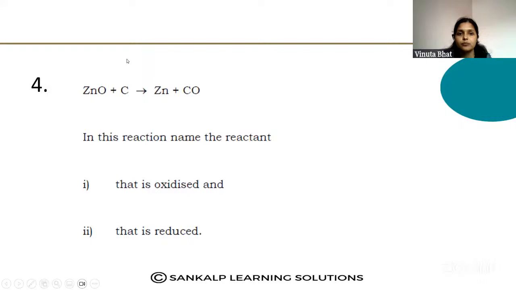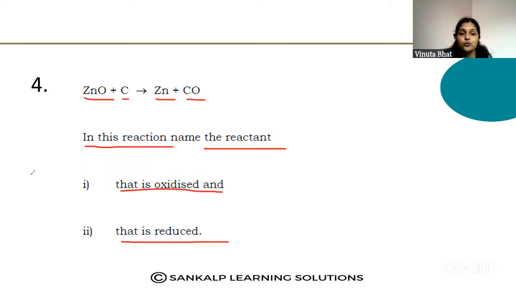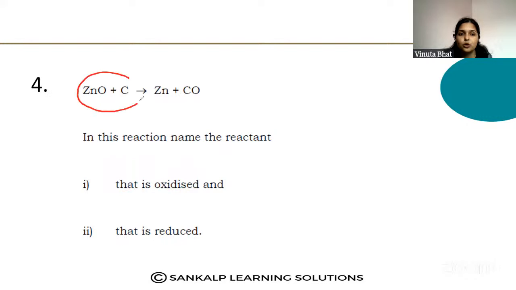Next question. Zinc oxide reacts with carbon and forms zinc and carbon monoxide. In this reaction, name the reactant that is oxidized and that is reduced. These two are called reactants and these are called products. Here, zinc oxide is reduced, carbon is oxidized.